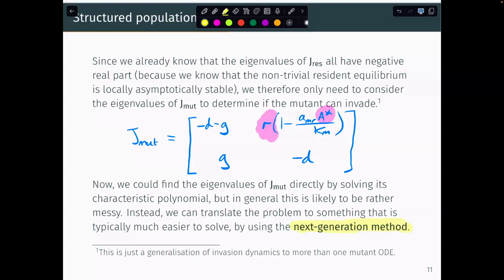This gives us a new matrix, which is called the next generation matrix. And typically, because of the biologically realistic assumptions we make when we do this kind of fancy transformation, we end up with lots of zeros in this matrix, which means that often we can just read off our eigenvalues straight away. So it's a cool little trick, which helps you find the invasion fitness without having to go through the process of solving the characteristic polynomial.